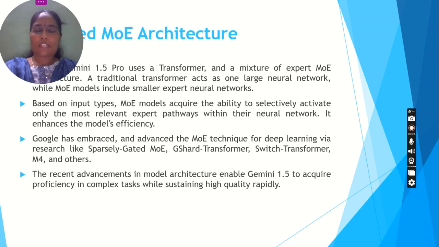So all these insights I have taken from the Google I/O, which is happening every year. So this year at Google I/O, they have given all these Gemini 1.5 Pro advancements, and each and every feature has been added into the Google products. Like even in Google search, we'll be able to search our photos.